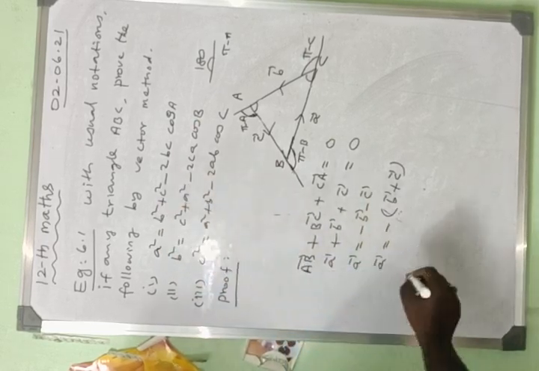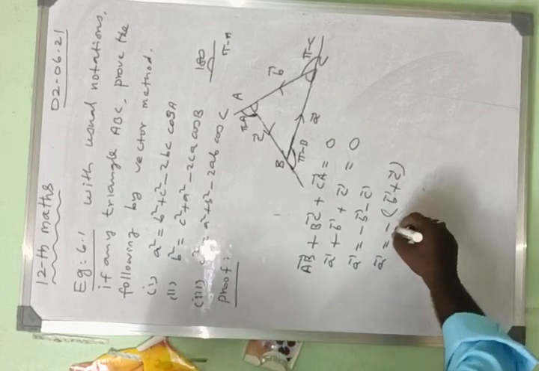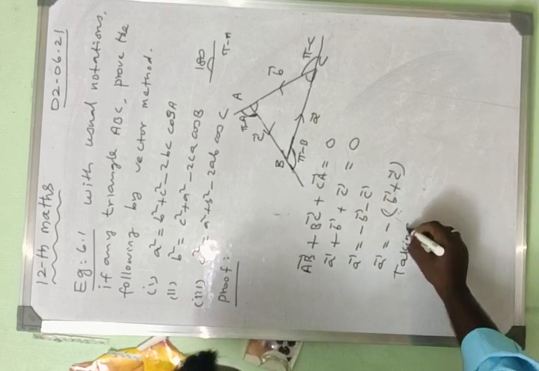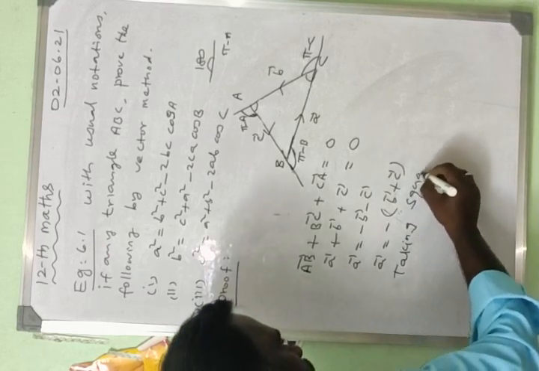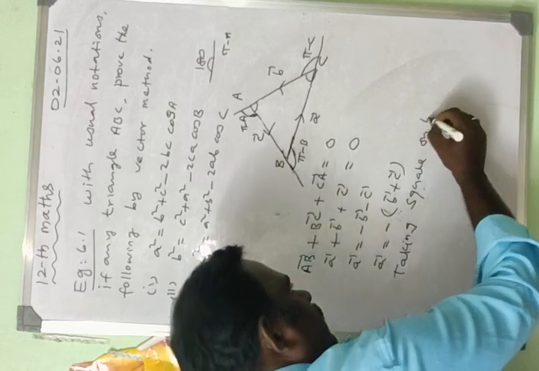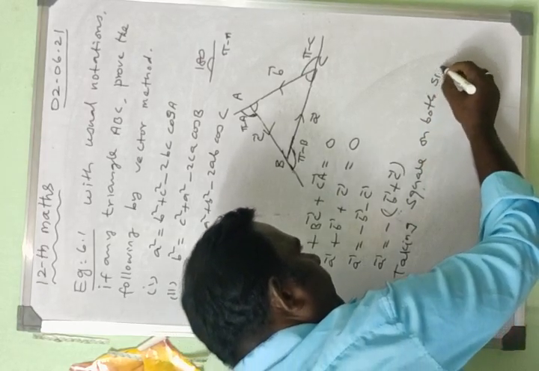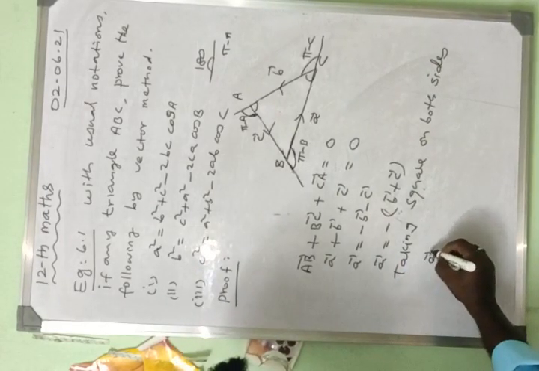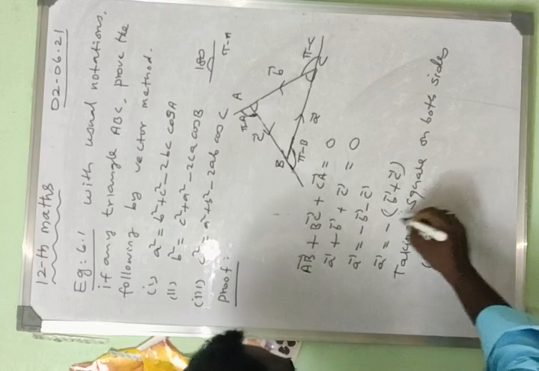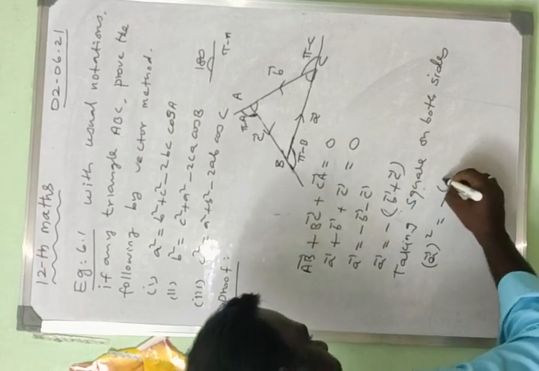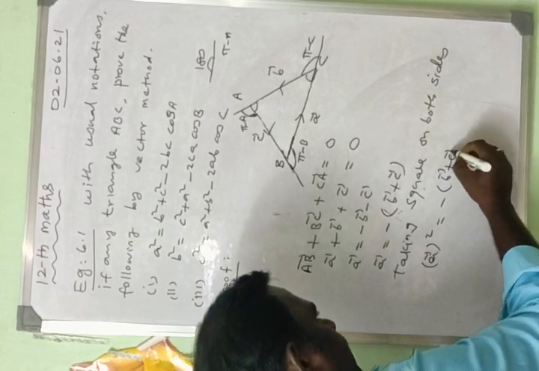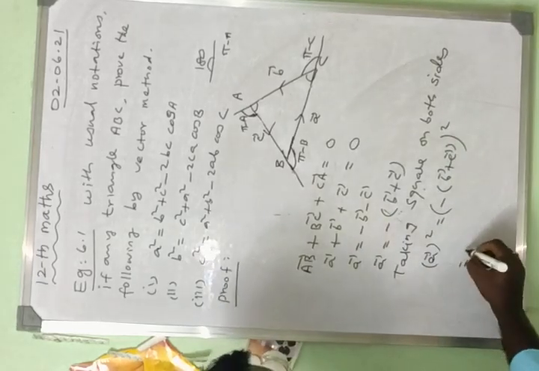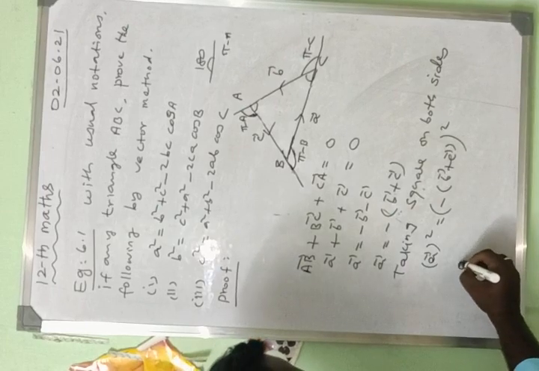So taking square on both sides, we get vector A square equal to minus of vector B plus C whole square. We can write A square like this, right?